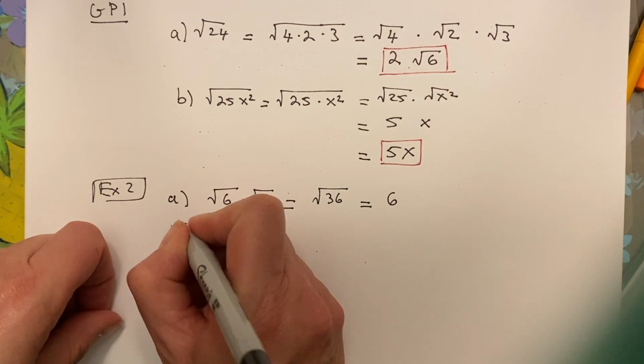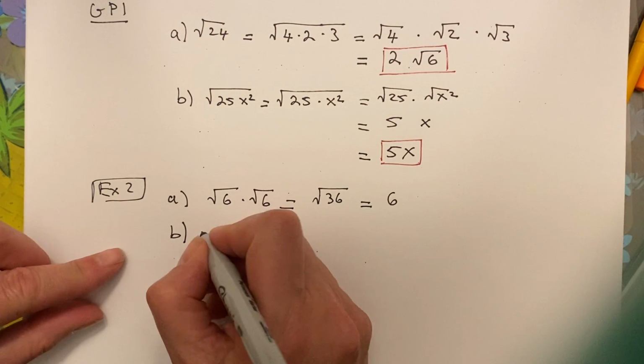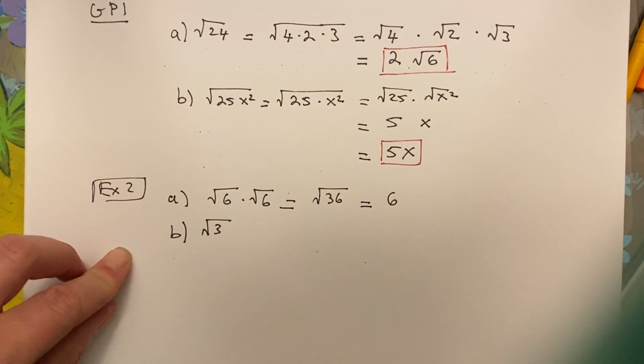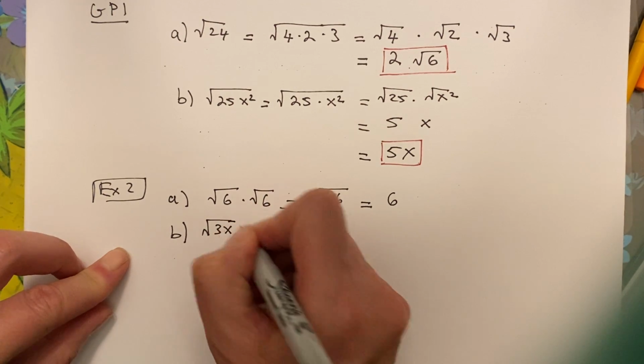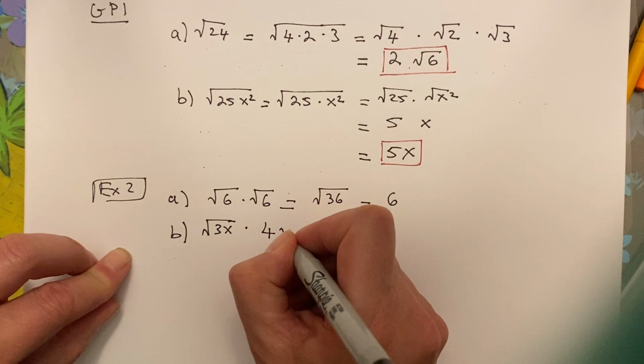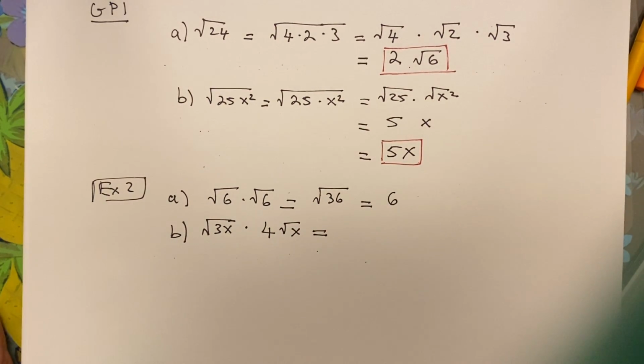So let's look at B of example 2. In B, we have the square root of 3x times 4 square root of x. All right, let's look at that carefully.